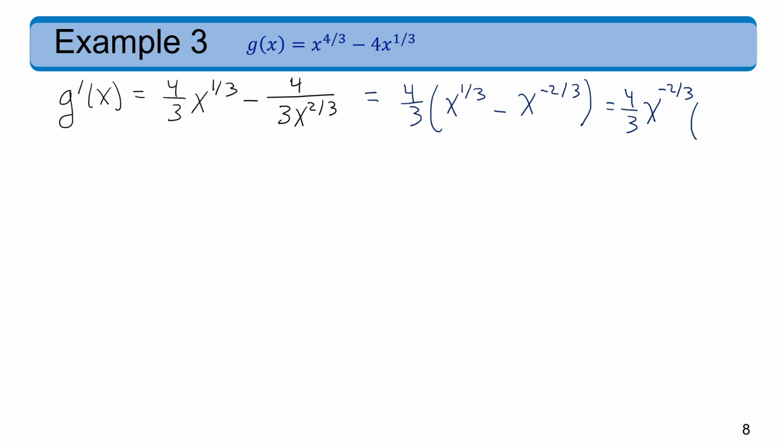Now let's figure out what's left. So when we pull out negative 2/3 from this, let's think about what's left. Whatever we put here, we want the product with x to the negative 2/3 and this other number to become x to the 1/3. So that means when we add the two exponents, we want the sum to be 1/3.